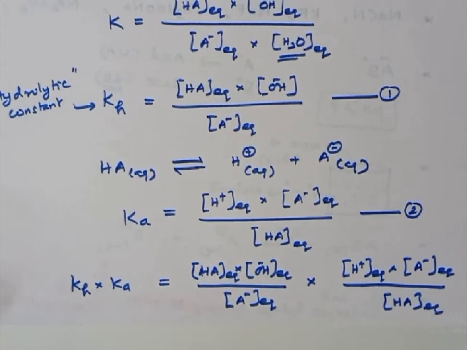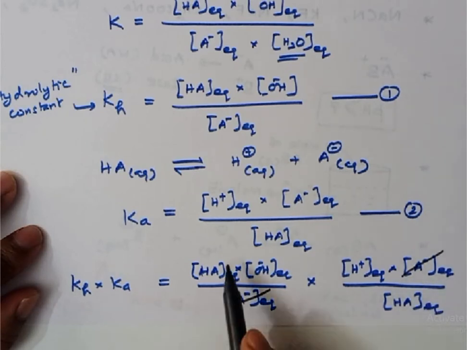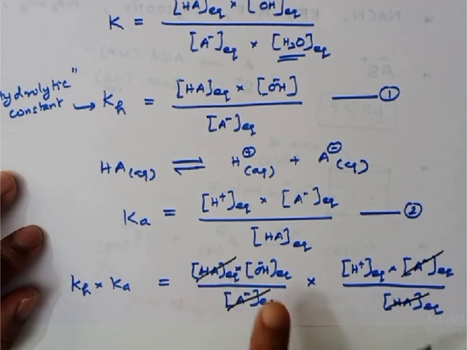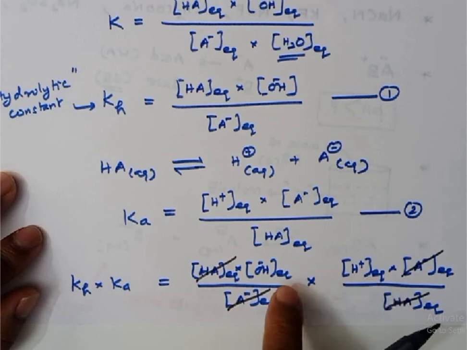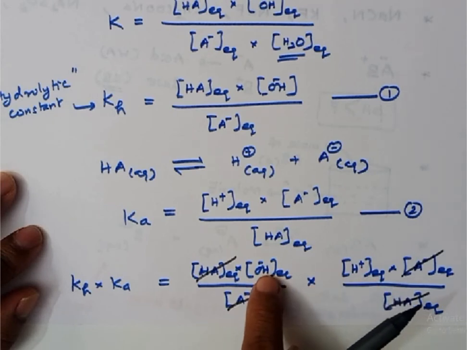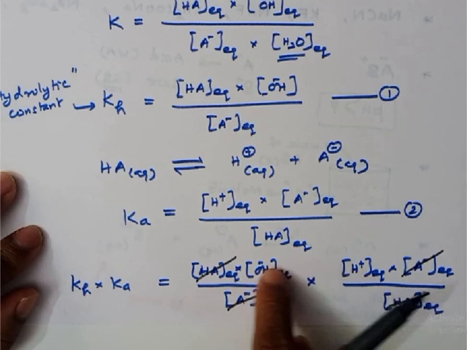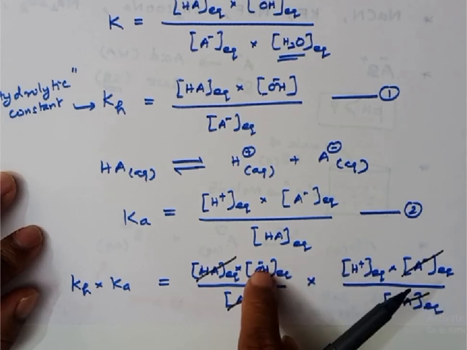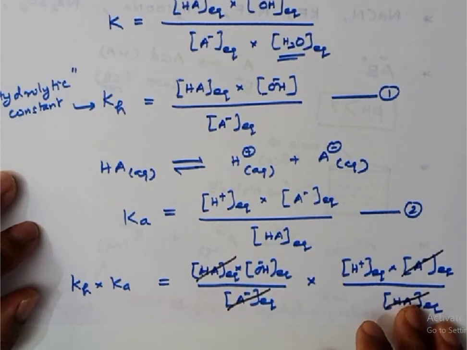If I cancel the equal terms in the numerator and denominator, see here the A minus we can cancel, and you can cancel HA and HA. So what are the remaining terms we have? We have the product of the H plus concentration in the solution and the OH minus ion concentration in the solution. And you know very well this product of the concentrations of these two ions is what we call KW, the ionic product of water.